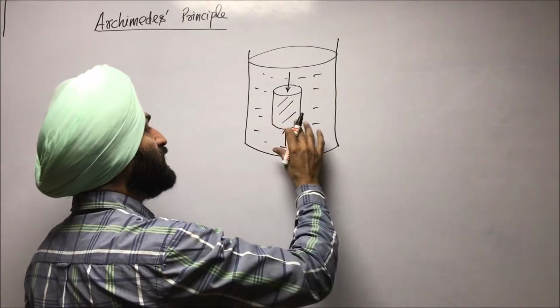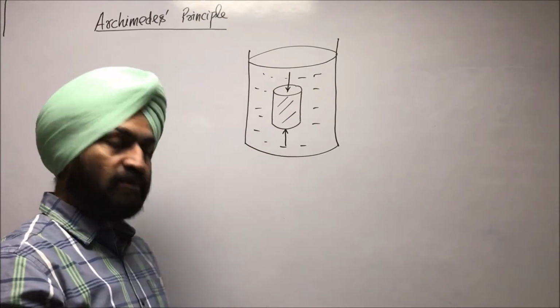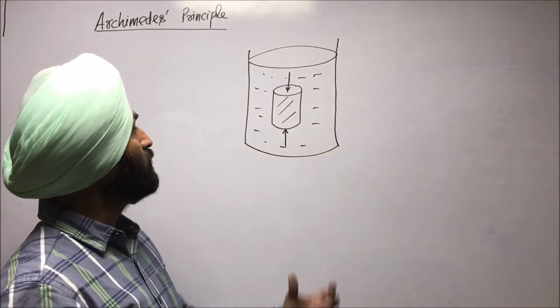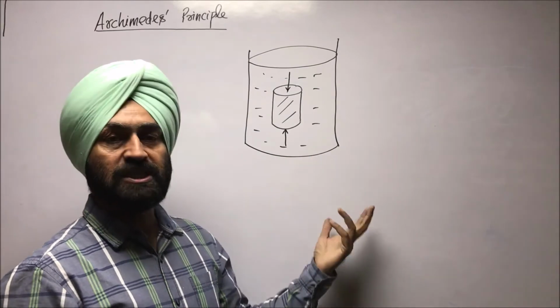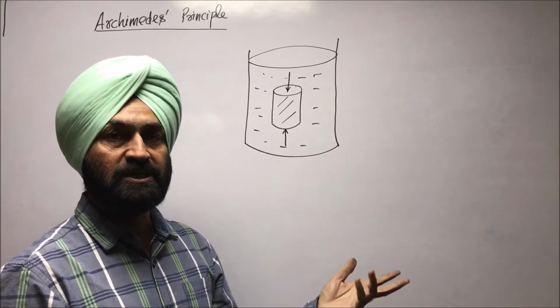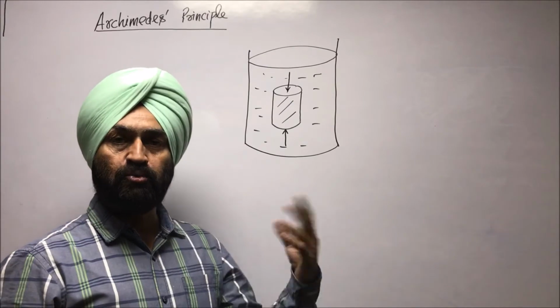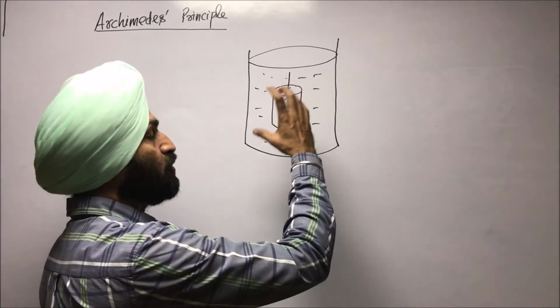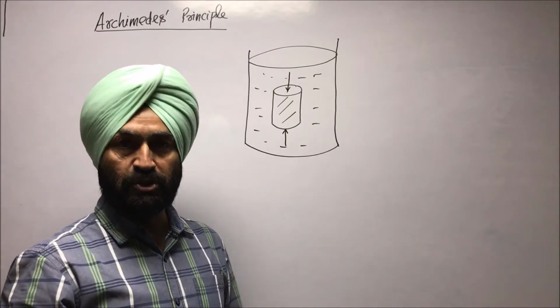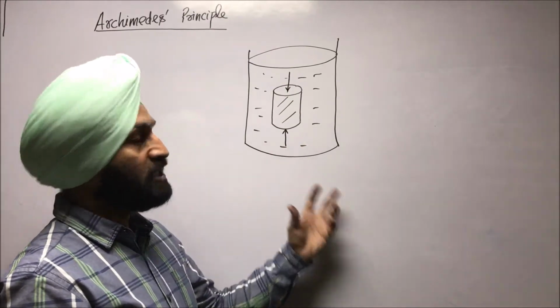For making the treatment convenient and easy to learn, we have taken a cylindrical object. But whatever we discuss is applicable for spheres, for a cuboid, for any irregular body. You put a potato into water, the same result would hold good. So what is the principle?